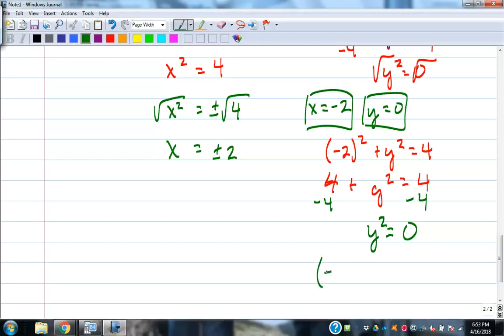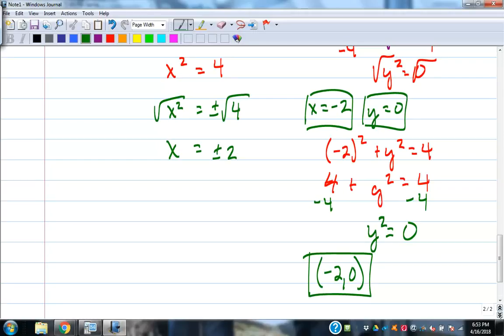So I have ordered pair -2, 0. Now, I want to look at the graph to see how that looks. So I've got 2 ordered pairs that I found algebraically that are solutions to this.